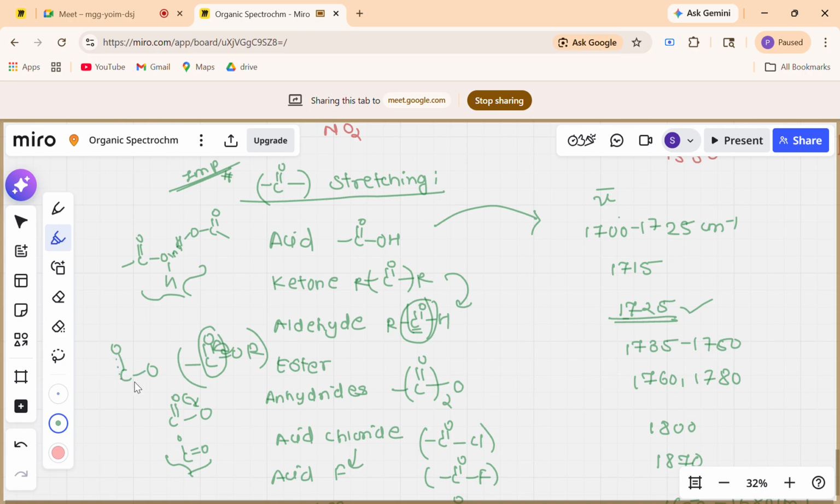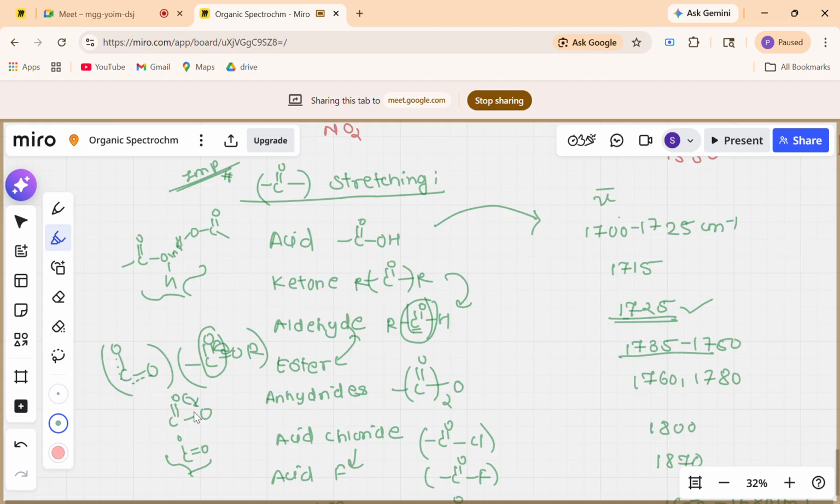So they are almost like resonating structures we can consider, where this can be single bond and this can be double bond. So it is treated as if there are two oxygens attached to the carbon, and there is a partial double bond between both of them, and hence esters also have a higher value as compared to your aldehyde.